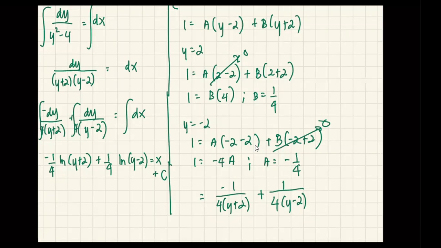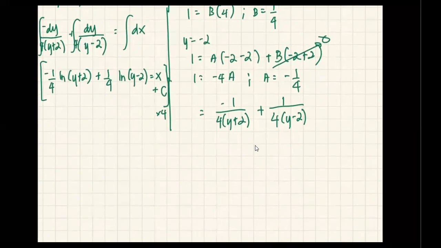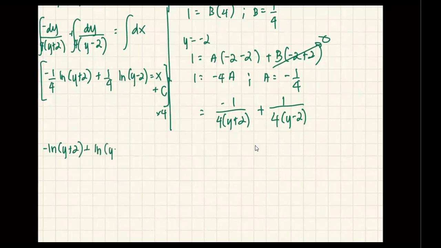Magandang gawin ay multiply natin both sides by 4 para ma-simplify. Times 4. So, this will be negative ln y plus 2 plus ln y minus 2 is equal to 4x plus c. Okay?